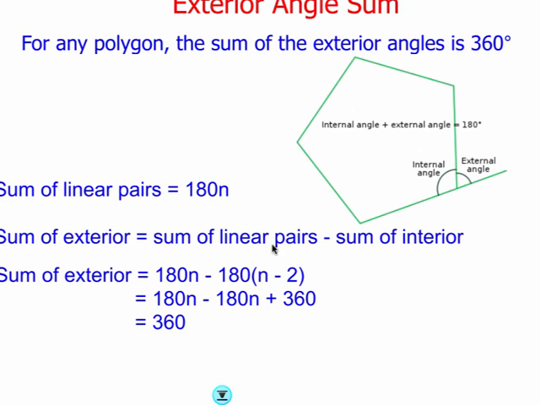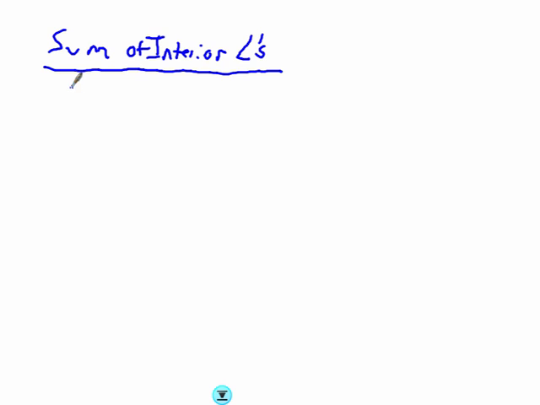So no matter how many sides a polygon has, the sum of its exterior angles is always going to be 360. So to quickly sum it up, the sum of interior angles of a polygon is always going to be 180 times n minus 2, where n is the number of sides.